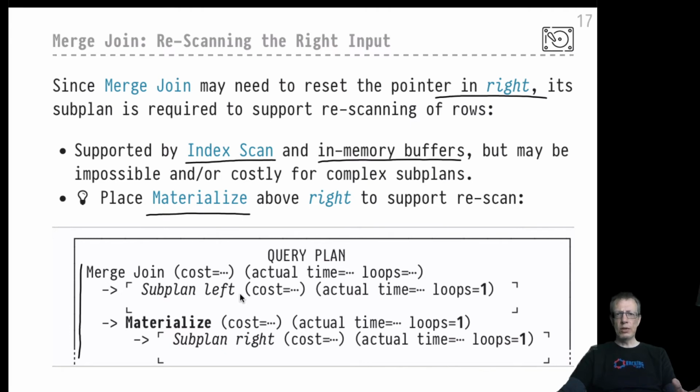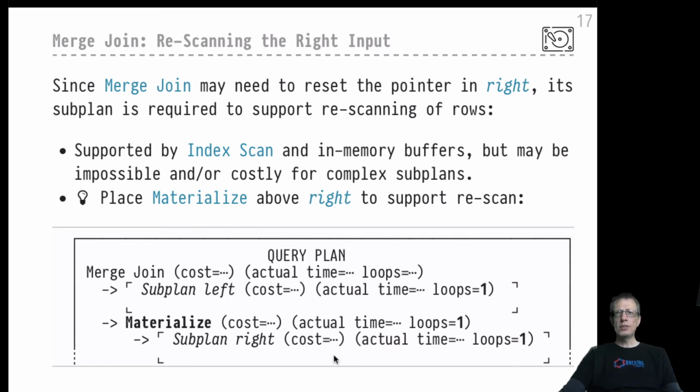No resetting is necessary in the left hand side input, but resetting might be necessary in the right hand side input. If this subplan cannot support such resetting on its own, then add an explicit materialize operator on top of this subplan to make sure that such resetting is possible. The materialize, if you recall, generates a tuple store, a rescannable tuple store that allows for pointer resetting.